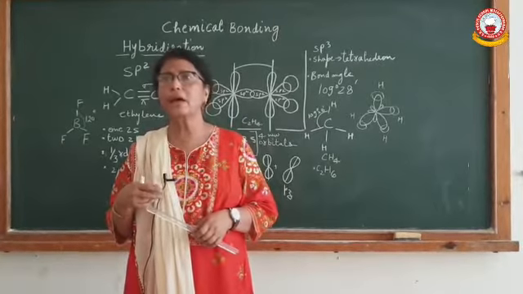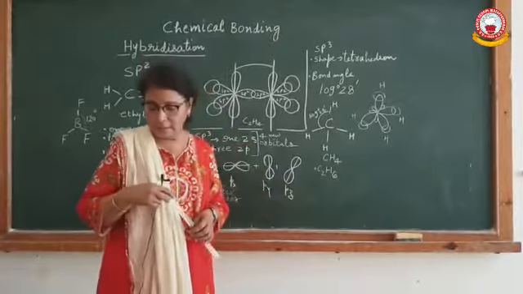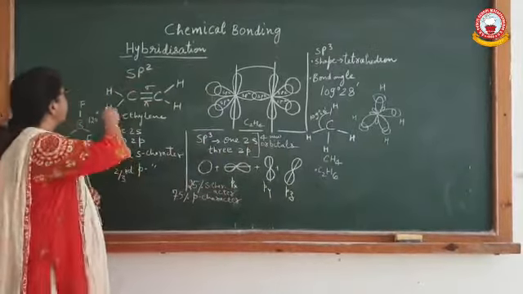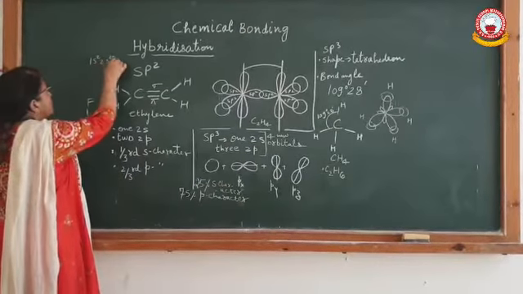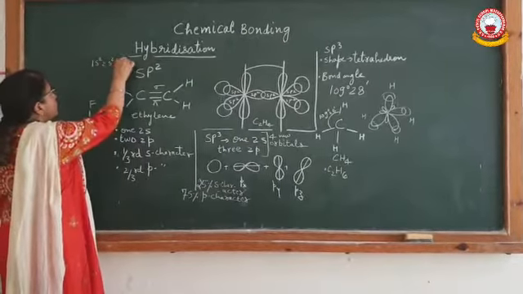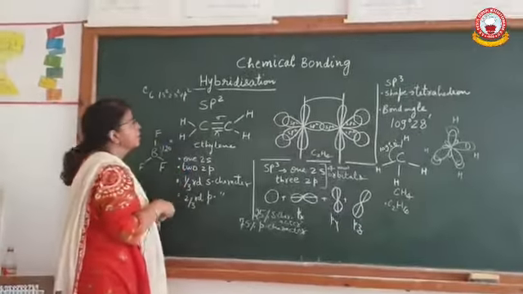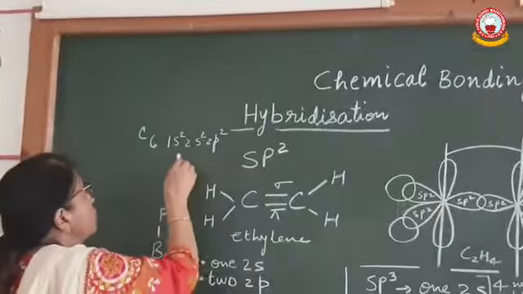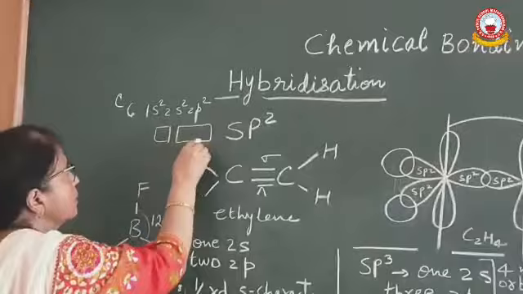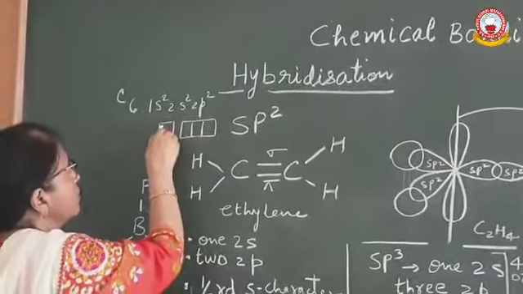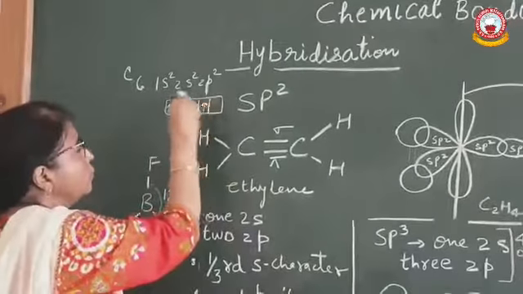For example, in carbon, if you see the electronic configuration, we will write it as 1s2, 2s2 and then 2p2, because carbon's atomic number is 6, and if you draw it in the box form, this is 2s, this is 2p, in 2s you have 2 electrons, in 2p you have 2 electrons.